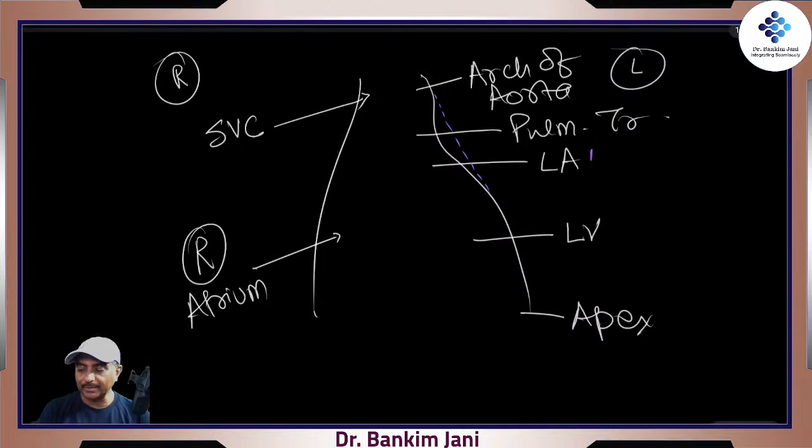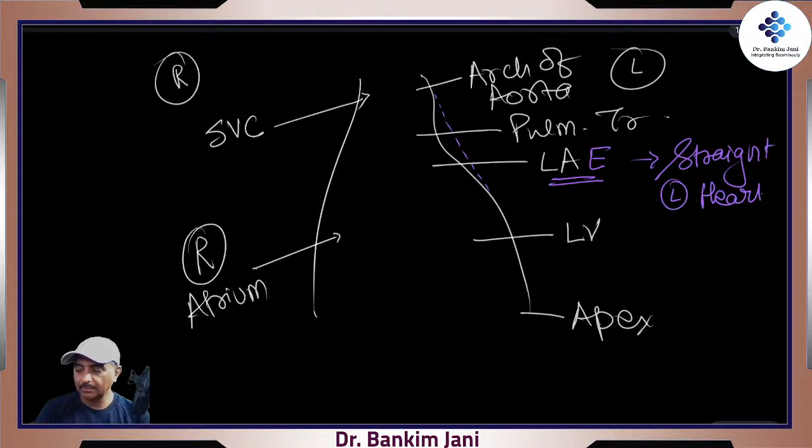So left atrial enlargement radiologically on a simple plain X-ray chest is a straight left heart border. This is what you must know.